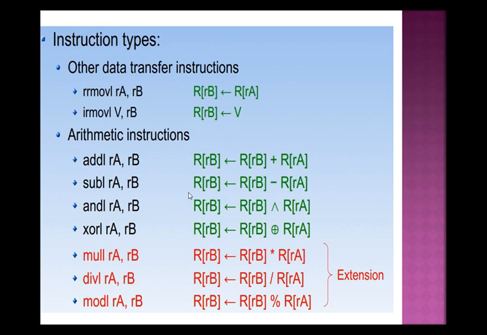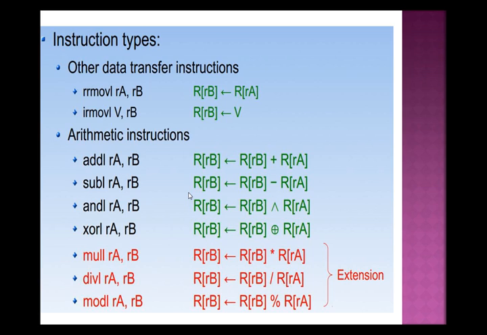Then the next instructions are arithmetic instructions. As I told you, there are many arithmetic as well as logical instructions. The first one is ADDL RA, RB, which is for adding the contents of the registers, register A and register B. Then SUBL RA, RB.